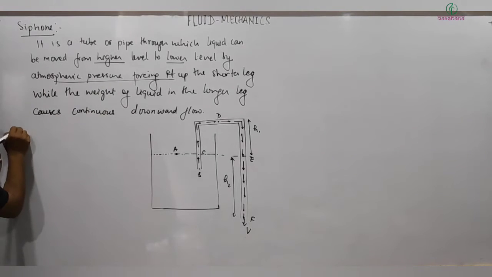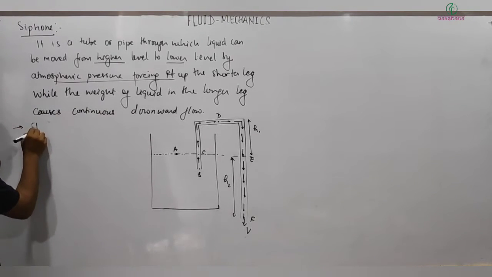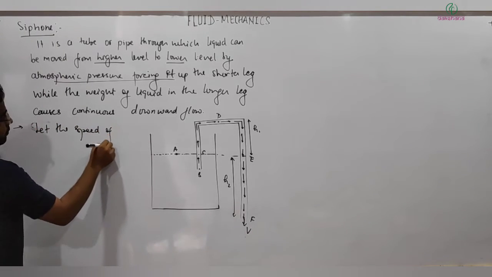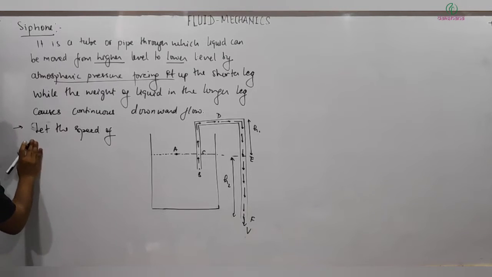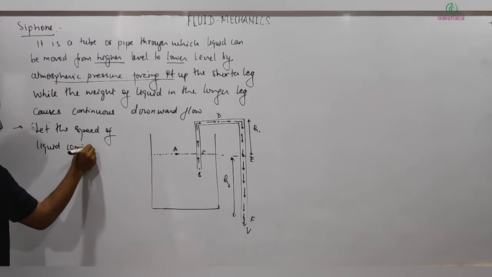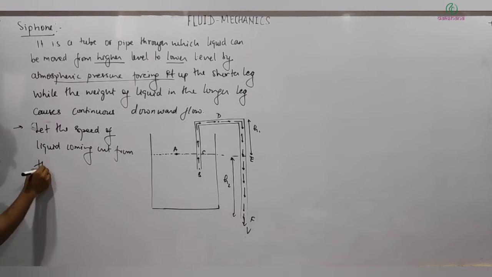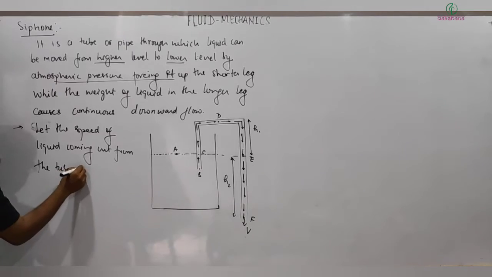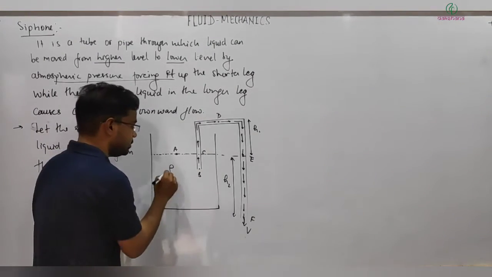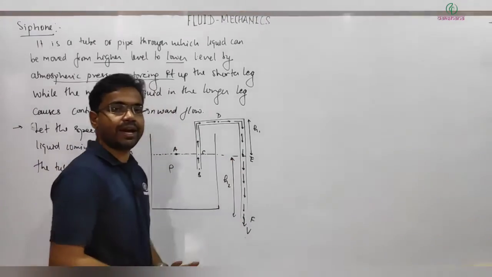So here let the speed of liquid coming out from the tube be V. We will calculate exactly what it is. Let's say the density of the liquid is rho, and this height I am taking h1, this height I am taking h2.